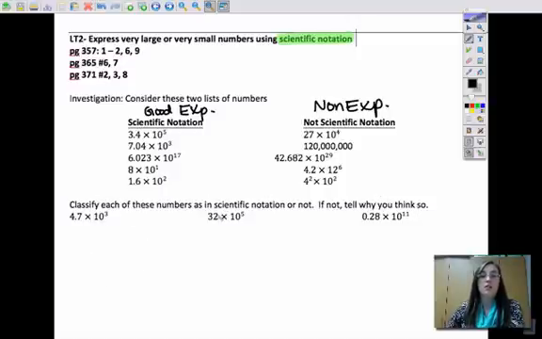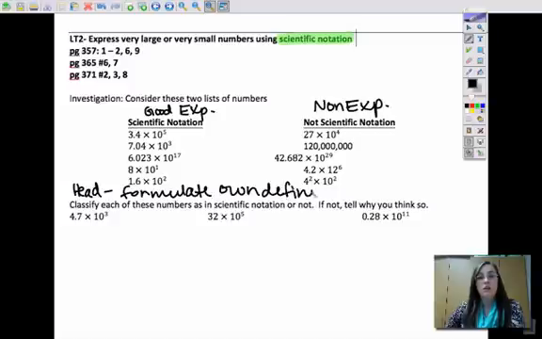Before you can decide, you need to formulate your own definition in your head. So look at those numbers, decide what all of the good examples have in common, and what's different between the good examples and the non-examples. Use that to form your own definition, and then decide if you think they're in scientific notation or not. Then when you're ready, go ahead and play the video, and I'll start giving you my definition.